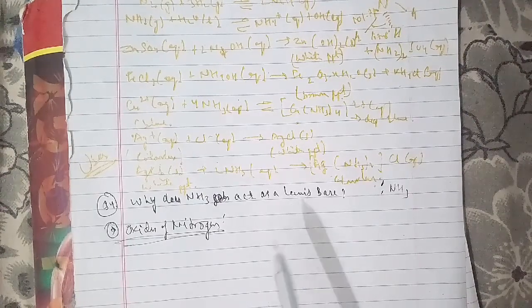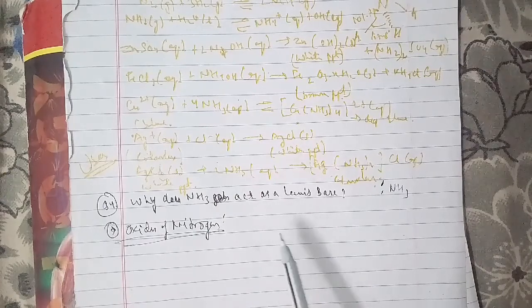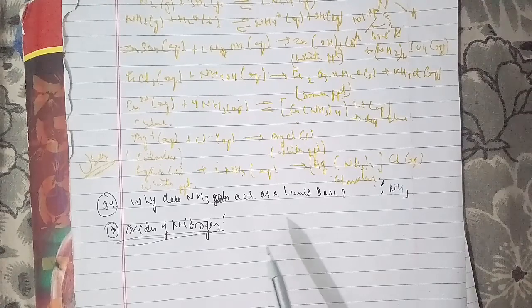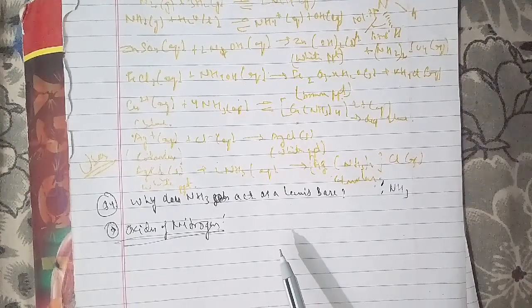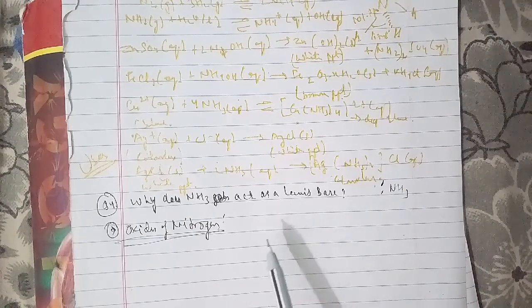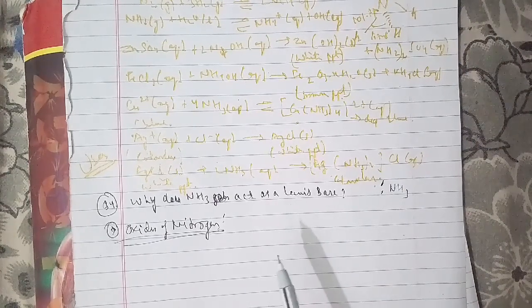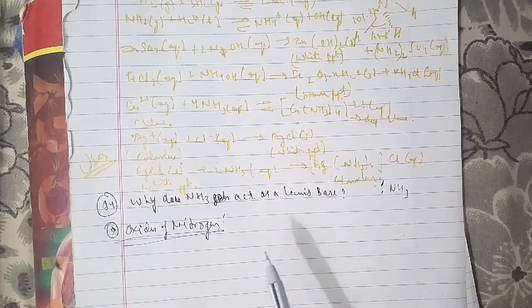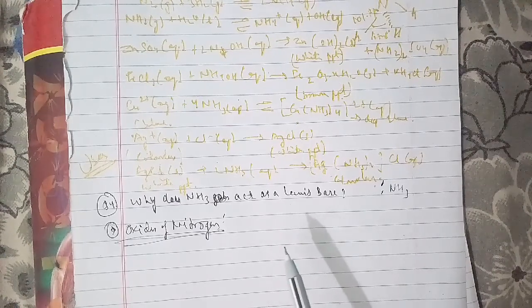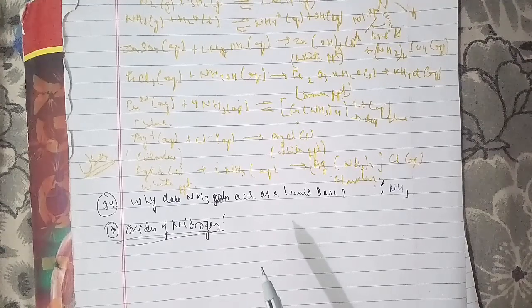The common method of preparation is NH4NO2, in the presence of heat, giving N2O plus 2H2O. The physical appearance and chemical nature: colorless gas, neutral. This is for this nitrogen oxide.